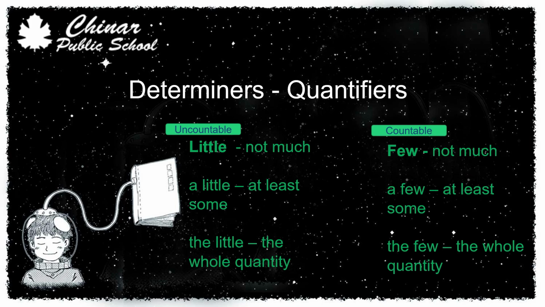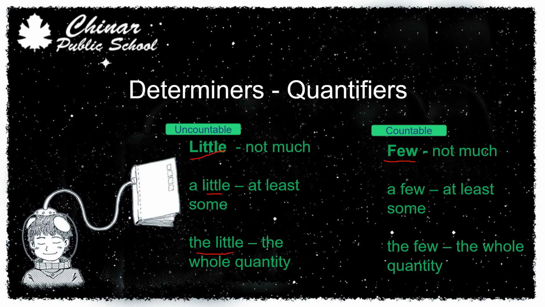These two words which are now on your screen, that is little and few, though they are very commonly used words, there is a little difference between the 3 types of these words. One is little, the other a little, and another is the little.